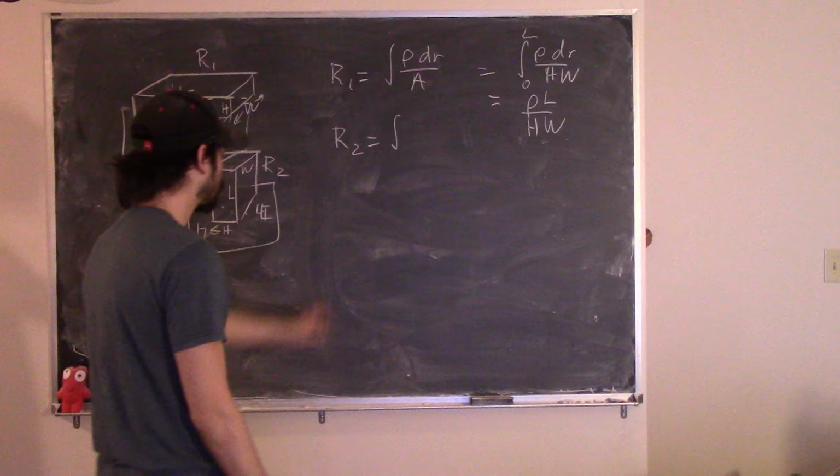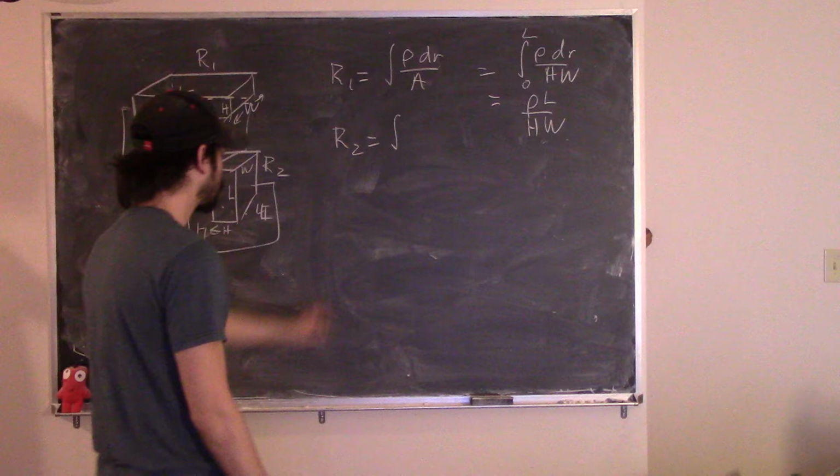I can cancel my I1s and then plug in what R1 and R2 are. So R1 is going to be rho L divided by HW. And this is going to be equal to R2, which is rho H divided by LW, times 4. Okay. So we can cancel our rhos.